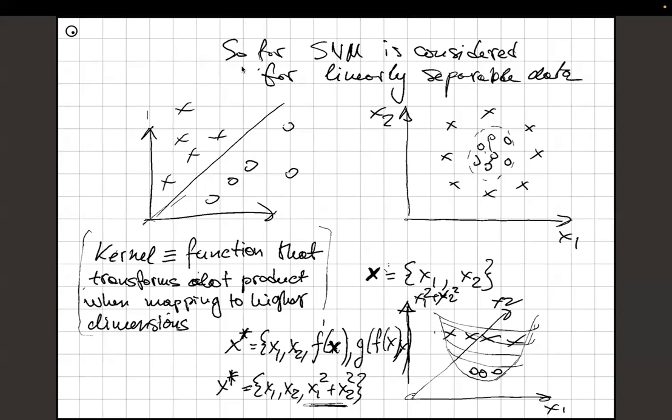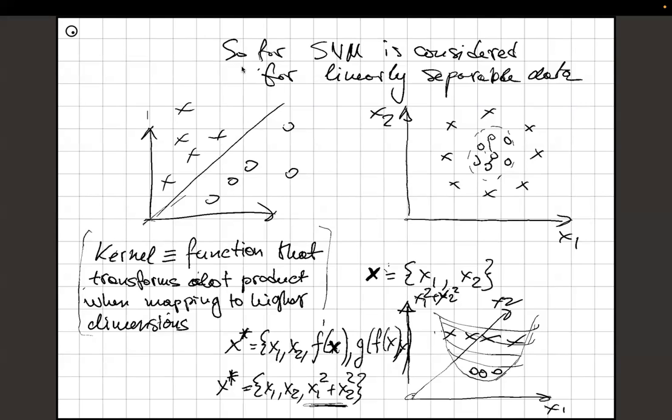The last word, I should spend more time on it because it's practically interesting and useful. It's not the end of the story. SVM still suffers from this quadratic complexity problem.